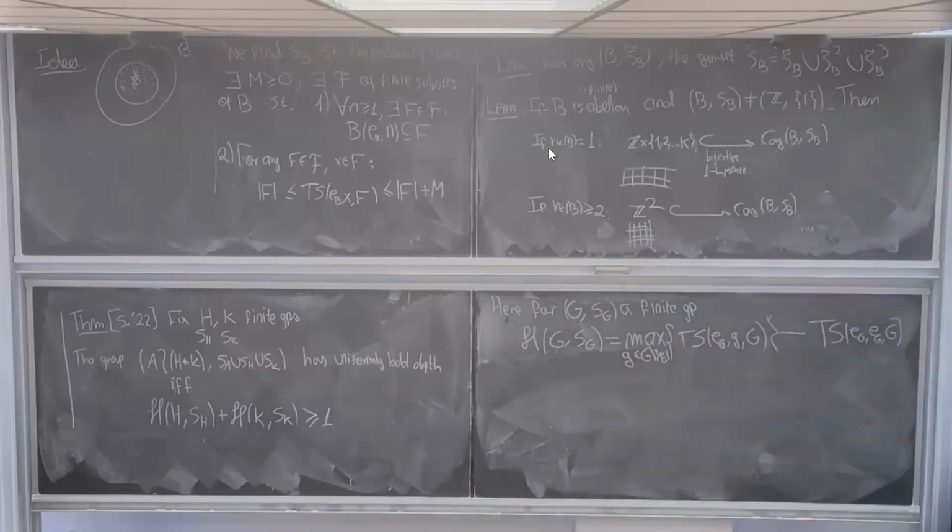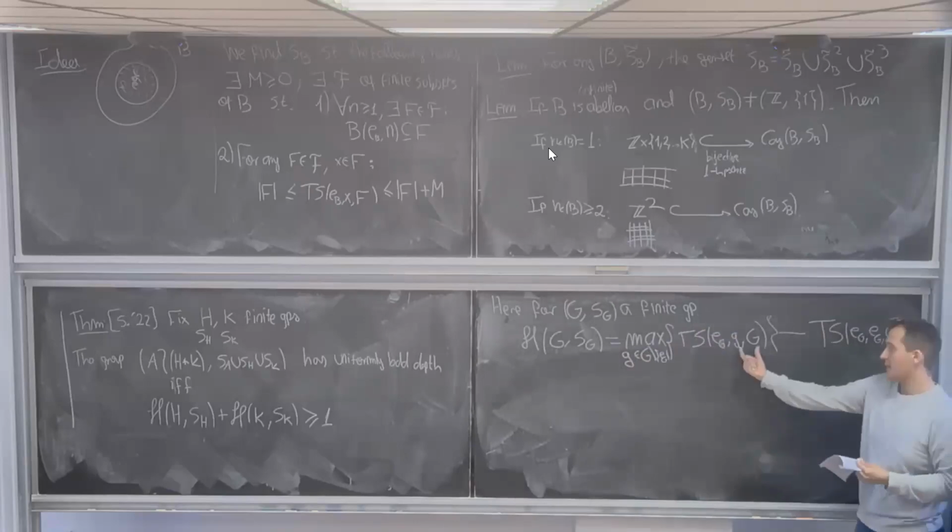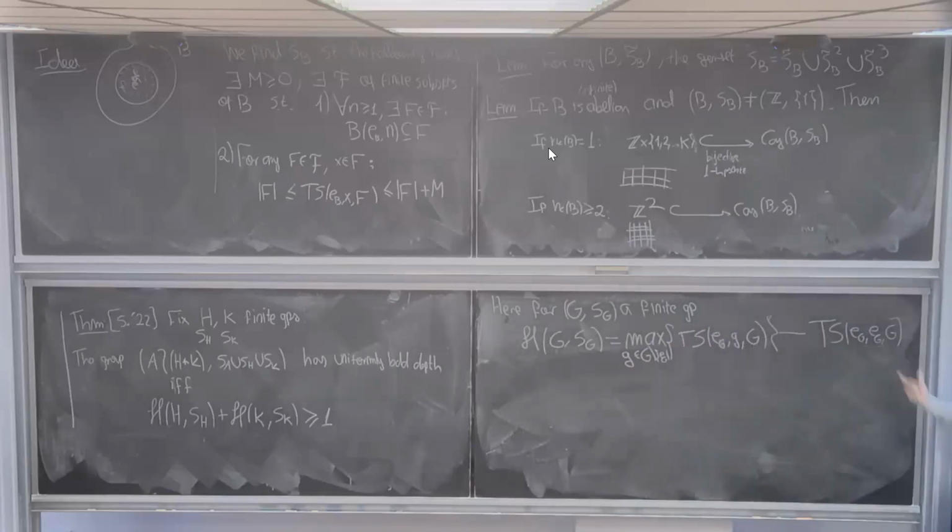So you're seeing how different paths that visit all of the group are from cycles that visit all of the group.